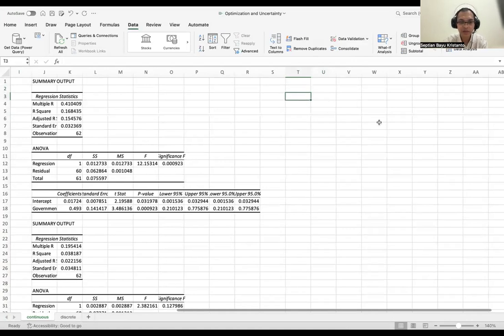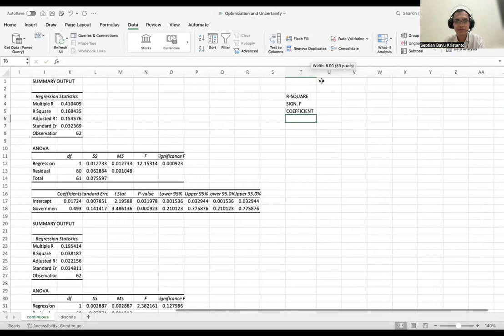We need to compare the R square, and then the F score or F significance, and then the coefficients.